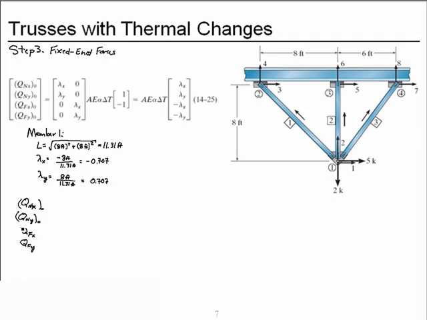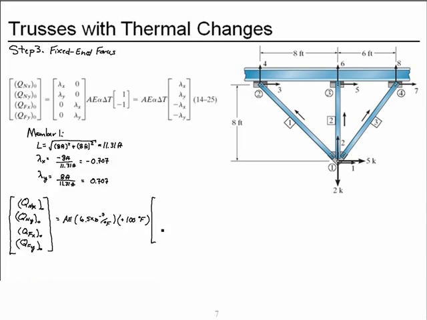We'll use the subscript naught to refer to it being fixed end forces, equals AE times alpha, which we said is 6.5 times 10 to the minus 7 per degrees Fahrenheit. We're looking at an increase, therefore a positive change of 100 degrees Fahrenheit.